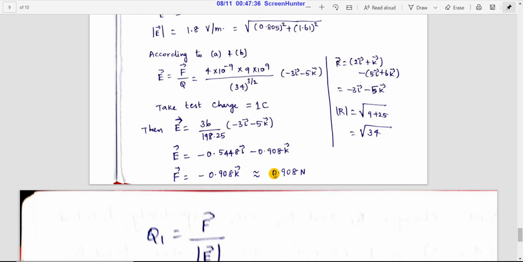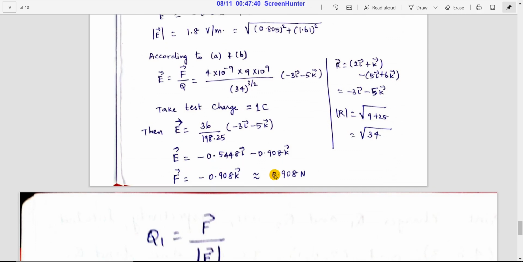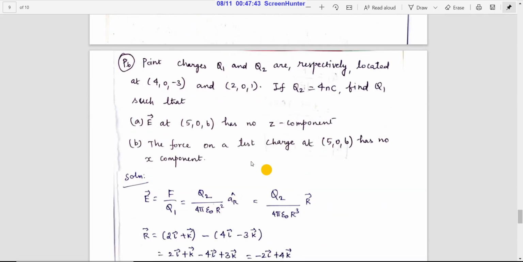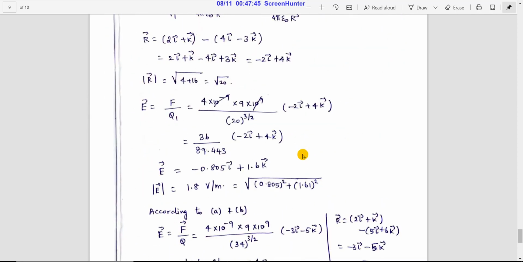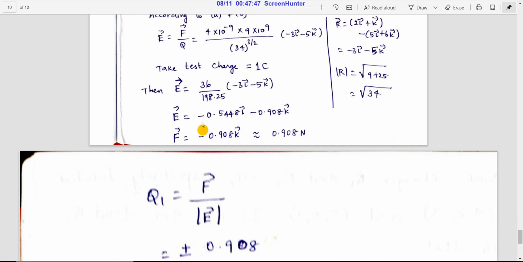Now you have to find out what is the value of the particular electric field. Now you have to take into mind that this electric field has no z-axis component. So no z-axis component means then you will be getting only the value of 0.544. I have written something wrong.